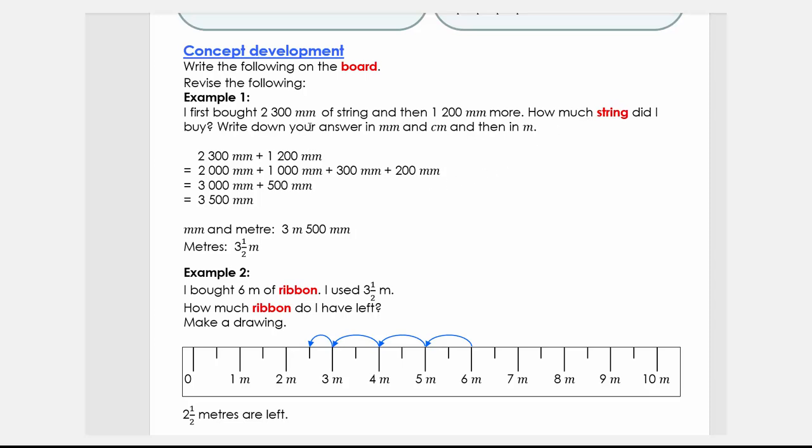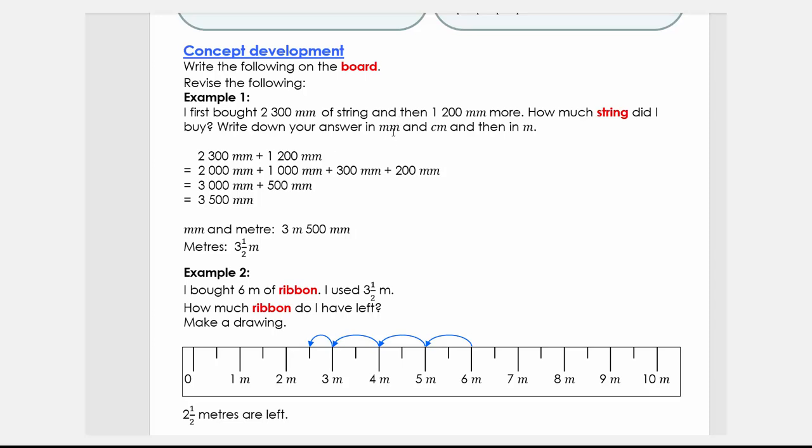I know that I'm working in millimeters, but I need to show my answer in millimeters, centimeters, and meters. So firstly, we're going to add it up. We do it like we did when we did expanded notation. We're first going to add the thousands and then the hundreds. We then get 3,000 millimeters and 500 millimeters, and that gives me 3,500 millimeters.